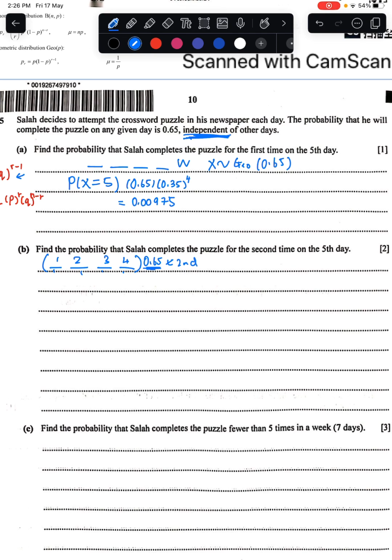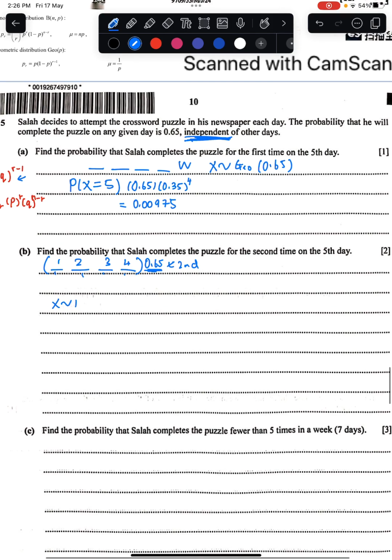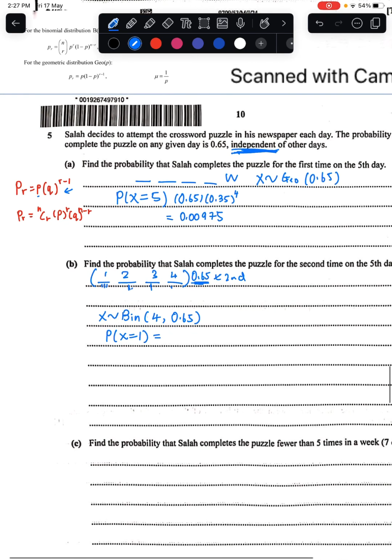So basically, you have to recognize this is a binomial distribution. X follows binomial, with n equals 4 here, and the success rate is 0.65. We only want one of those, not 2 or 3 or 0. So the probability of X equals 1 equals, we have the formula here, nCr.